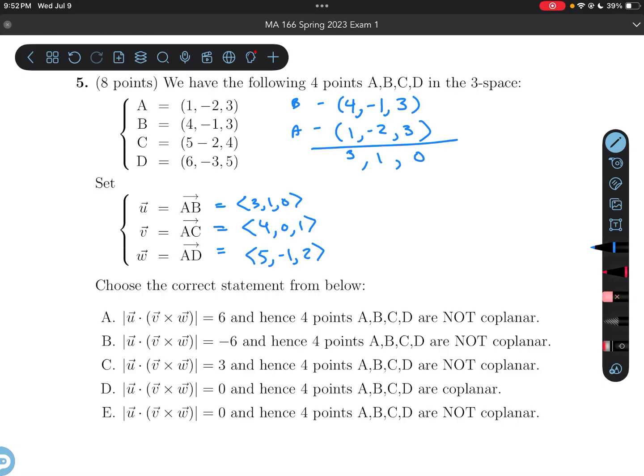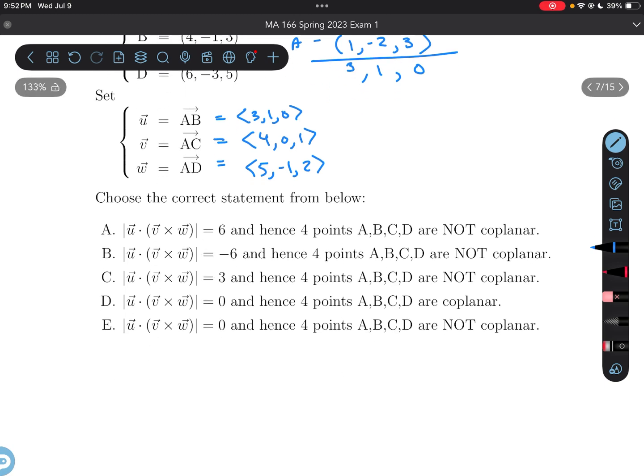Yeah, and that's essentially the same as proving that u, v, w are coplanar. Okay, so the formula that they use in this question is u dot v cross w.